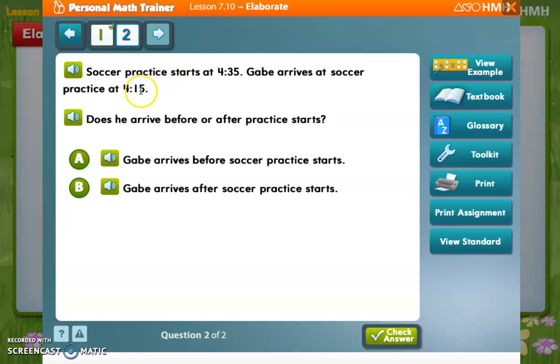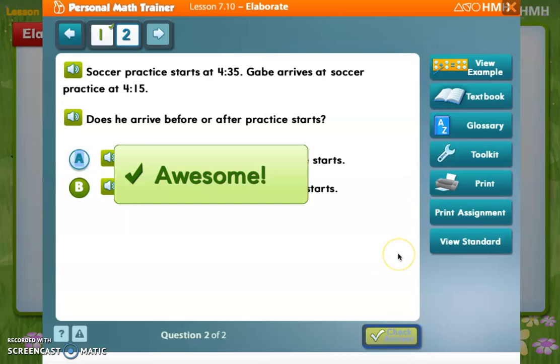So 4:15 comes first, because if you keep going, 15, 20, 25, 30, 35, right? So Gabe arrives at soccer practice at 4:15, but it doesn't start until 4:35. So does he arrive before or after practice starts? Gabe arrives before soccer practice, because 4:15 is before 4:35. Awesome!